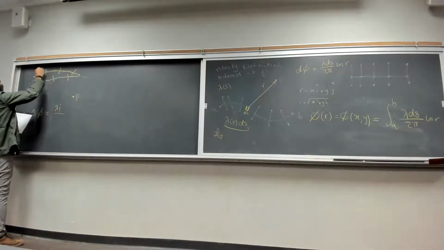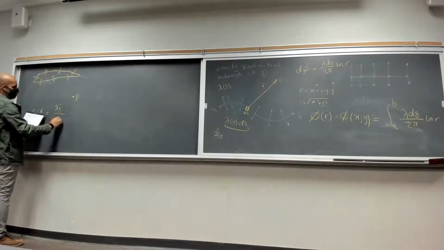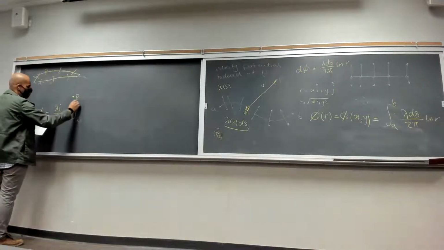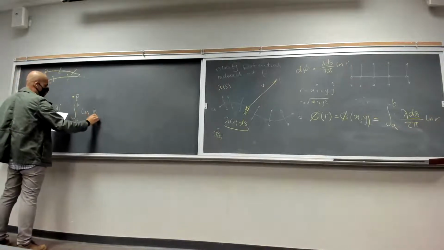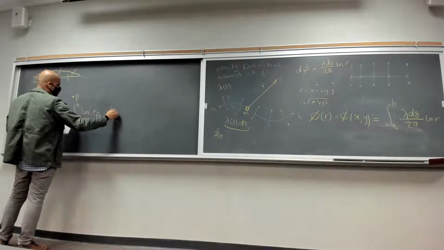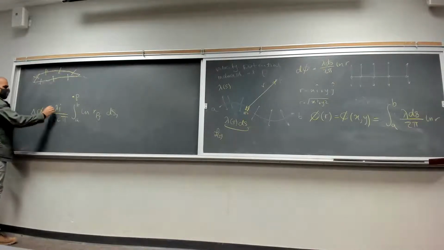These panels are 1, 2, 3, 4, 5, 6 up until j, divided by 2 pi, then the integral of natural log of r pj, and I'm going to explain what this is, ds of j. Okay, so what do we have here?